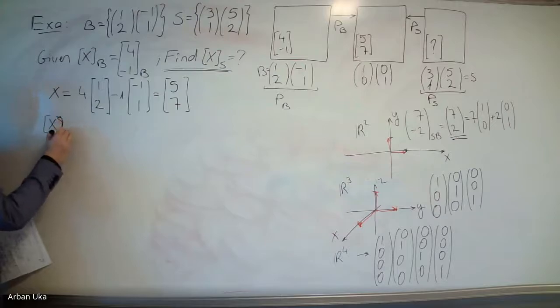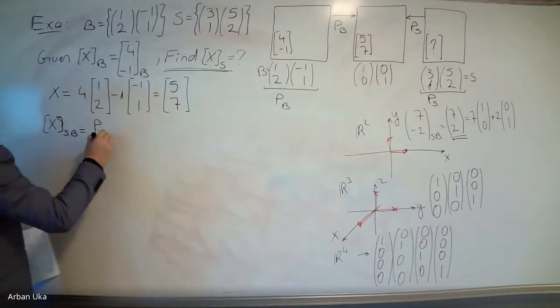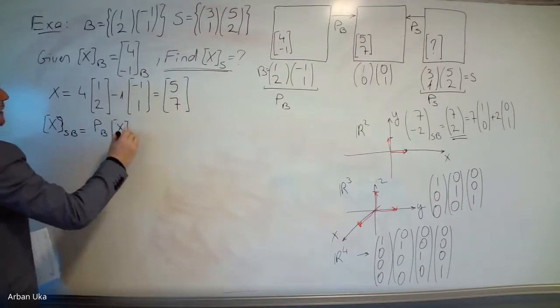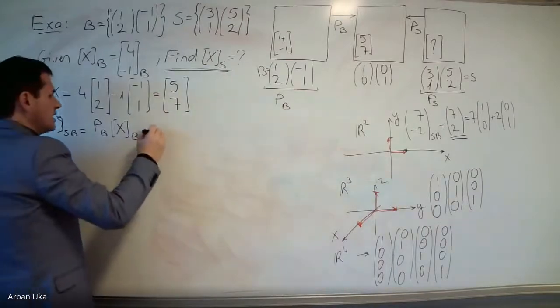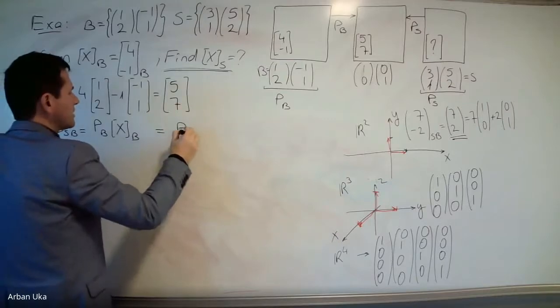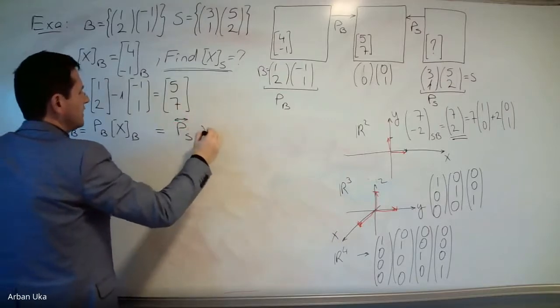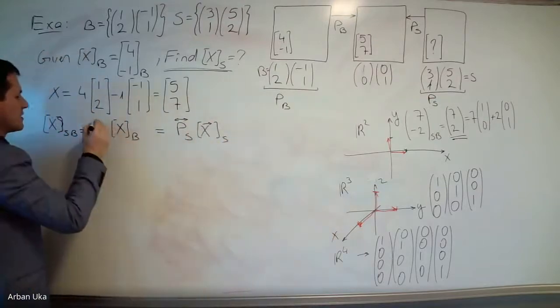It is equal to PB times the vector x in basis B, and this is also equal to PS, the transition matrix, times the vector x according to the basis S.